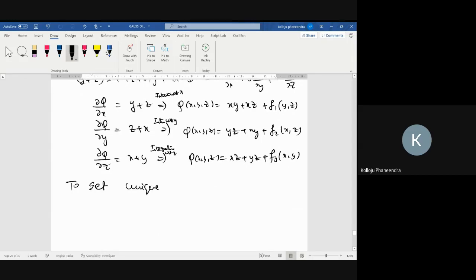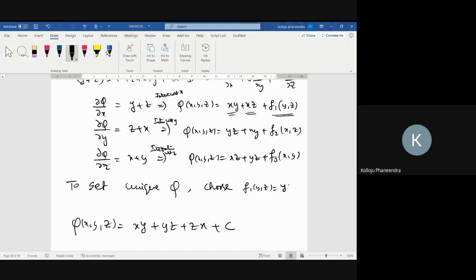To get a unique phi, choose. Now I will write directly. What is the unique phi? I told you already, the union of all these three. The different terms: one is xy, another is yz, another is zx. Is any more different term there? No. Plus c you can write. Choose F1 of yz: here xy is there, xz is there, yz is not there, so choose F1 as yz plus c.